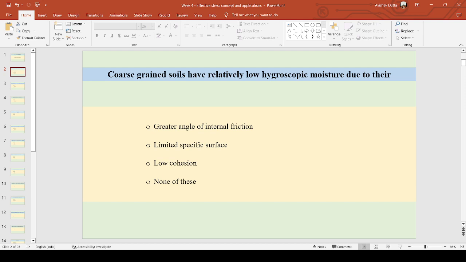Because of this, their absorbing capacity of water on the surface is low, and due to this, they have low hygroscopic moisture.